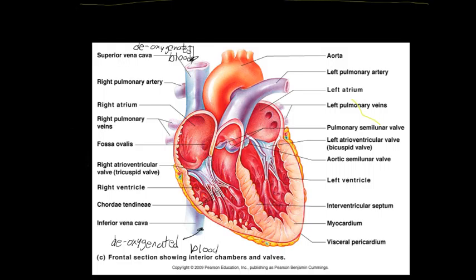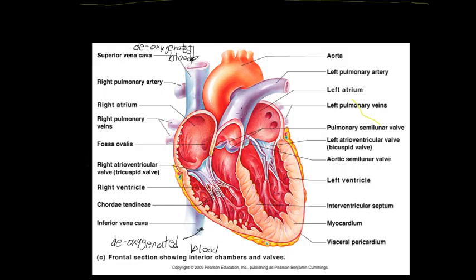So when the valve opens, it flows into the right ventricle, and then there's another valve here, and this is called the pulmonary or pulmonic semilunar valve, and it serves as a gate between the blood flowing from the right ventricle into the right and left pulmonary arteries.